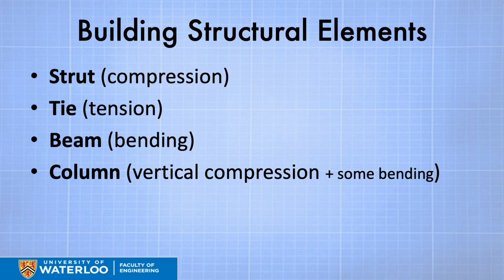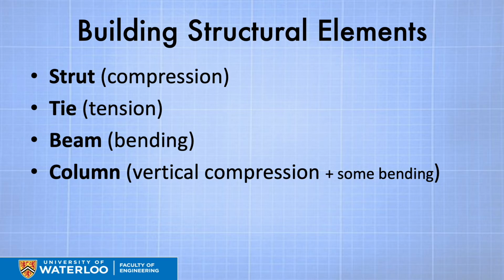So the structural elements that make up our buildings and structural systems are largely separable into struts, ties, flexural elements or beams, and compression elements or columns. So the strut is a component that resists compression. A tie is a component that resists tension.